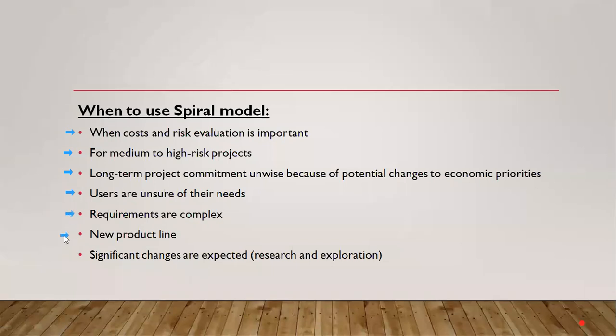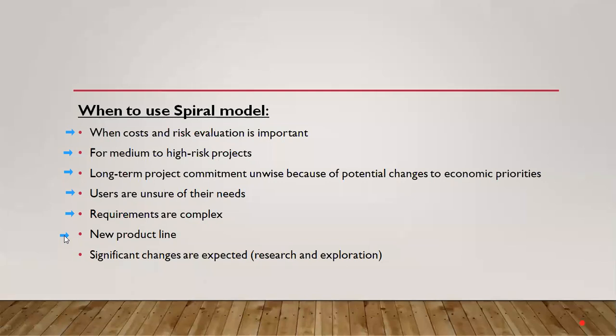And a new product line, which means prototype, the creation of something new. For such projects we go for the prototype model. Here, if we want to create something new in an existing project, not a complete project, for such things we also use this model.